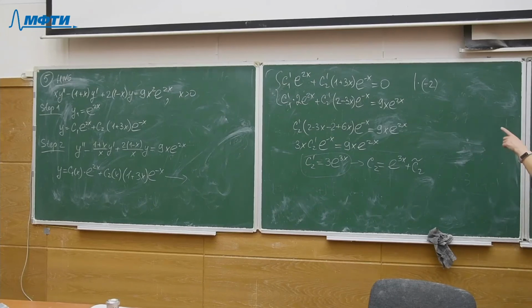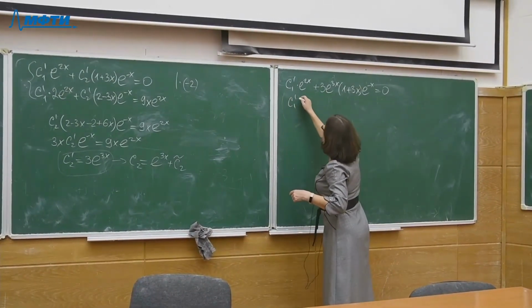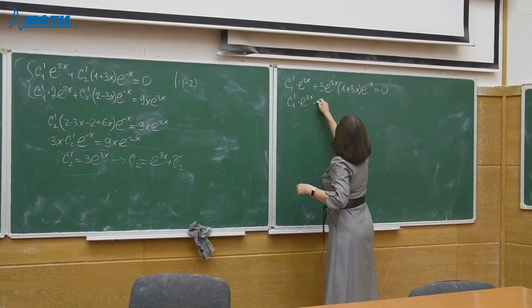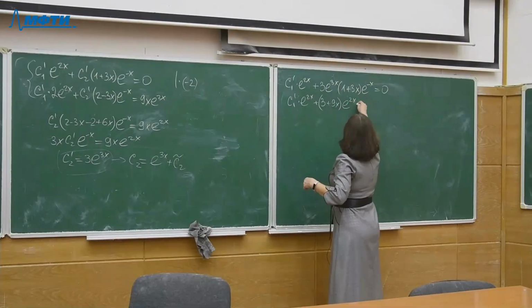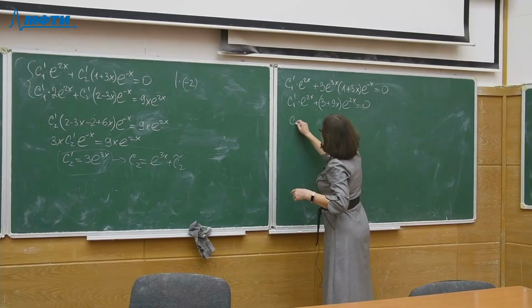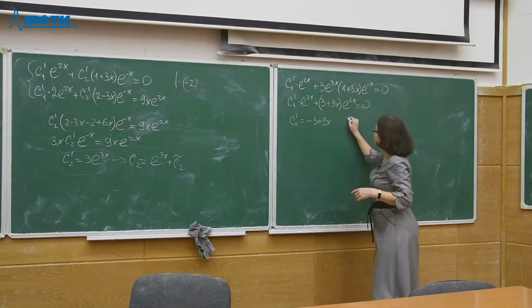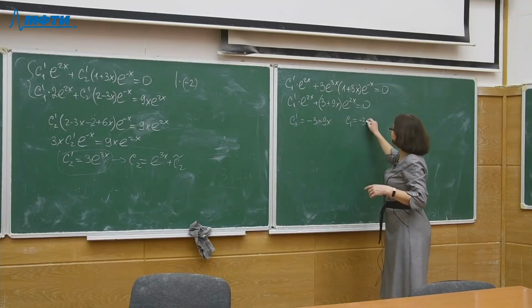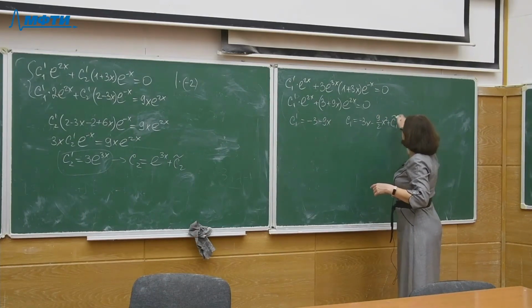And to substitute, from which we have C1 prime equals minus 3 minus 9x. And C1 equals minus 3x minus 9/2 x squared plus C1 tilde.